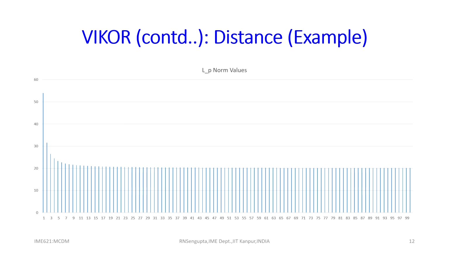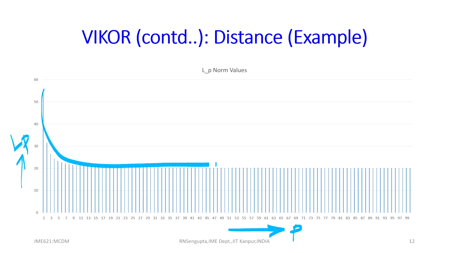Along the x axis I have the p value 1, 2, 3, 4, and along the y axis the norm Lp. The curve is a function like this, where L1 is the maximum value and L infinity is the minimum.